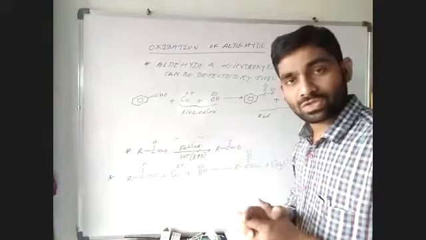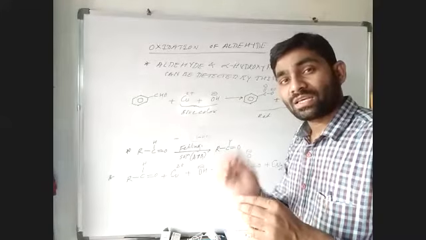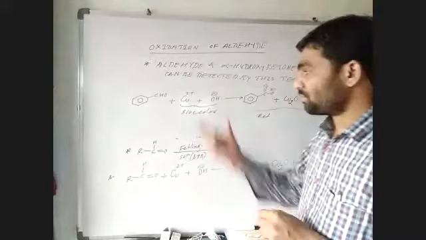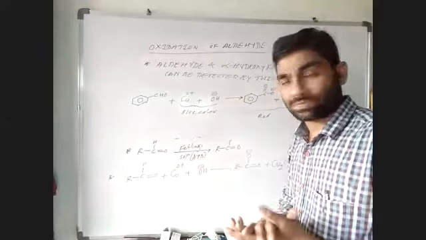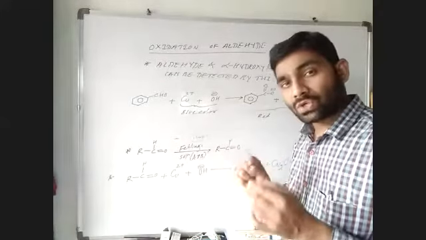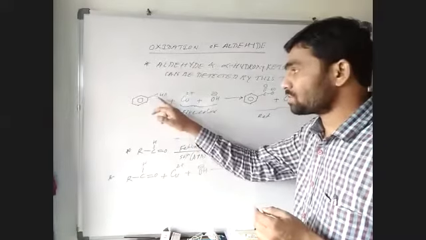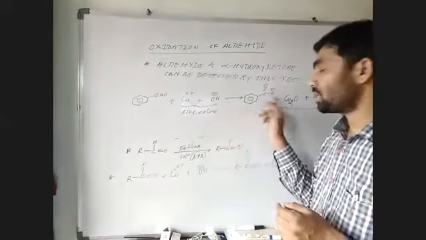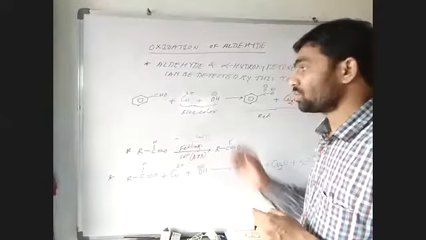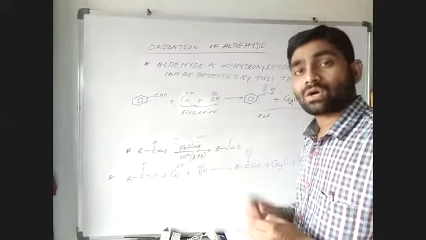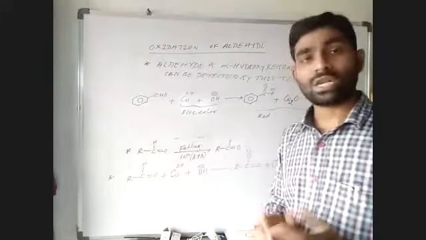The last point about Fehling's solution is that it is an oxidizing agent, because we know the definition of oxidation: addition of one oxygen or removal of two hydrogen. There is only one oxygen in benzaldehyde, and now we have one more oxygen, right? So this is the Fehling's test of aldehyde. Hope you understand this point, right? Any questions, you can ask on this.